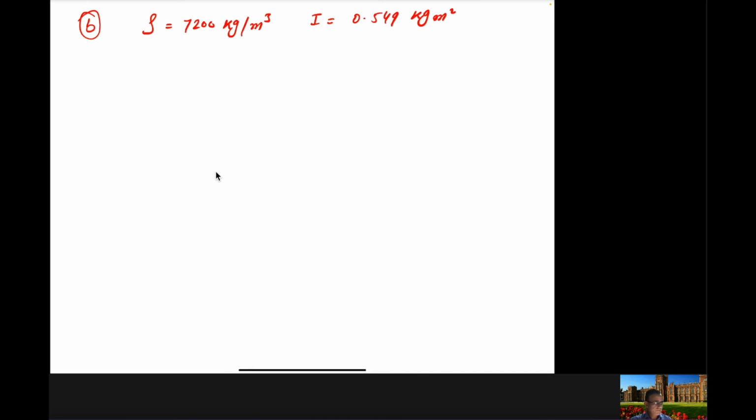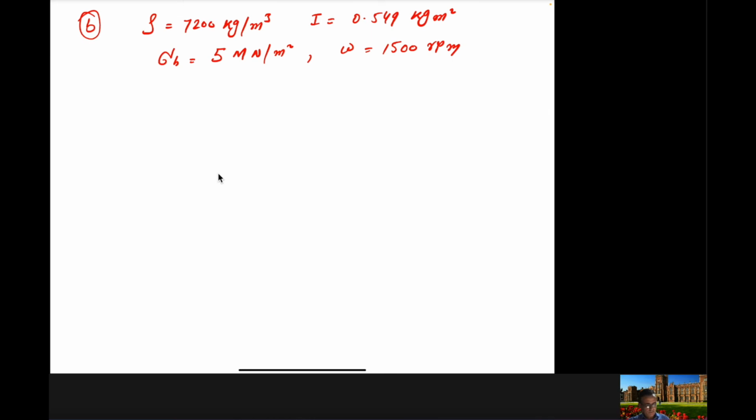This is the unit of the I, which is moment of inertia. And you are also given that you want to limit the hoop stress to be 5 megapascal. So the hoop stress is 5 mega newton per meter square. And you are also given the mean speed of the flywheel, which is 1500 rpm.